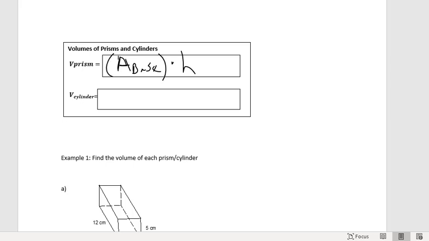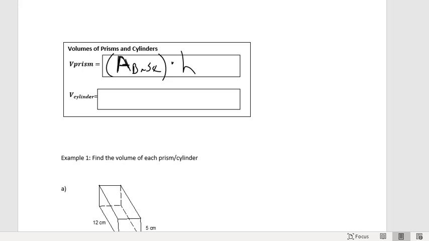You've probably done volume with a rectangular prism before, or a cube, where it was length times width times height. But if you think about it, the base of that was the length times the width. So that's the area of the base times the height, which we would add at the end.